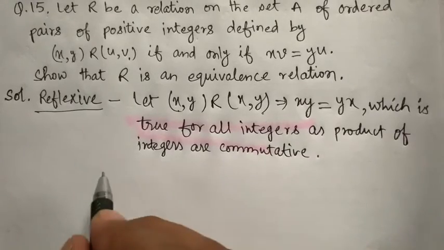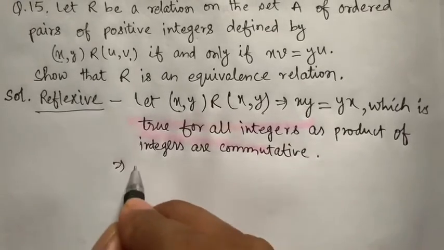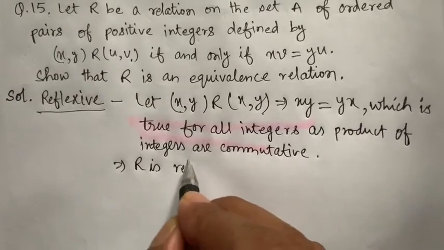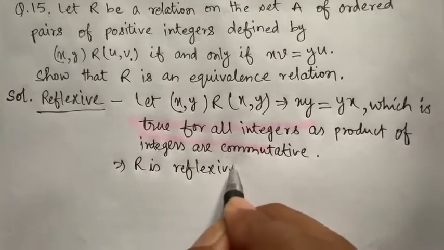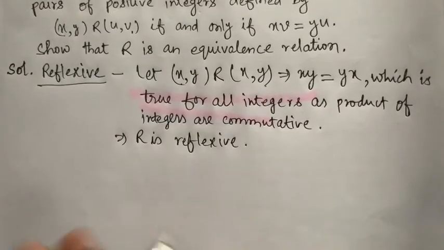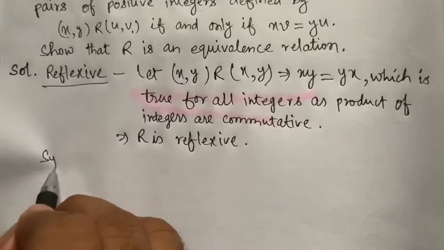Therefore, it is true. This implies R is reflexive. Now we need to look the second aspect of it, which is symmetric.